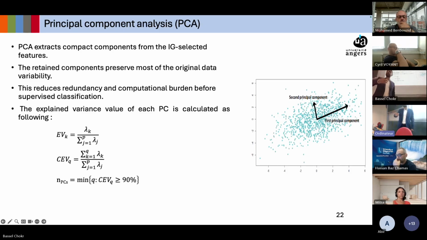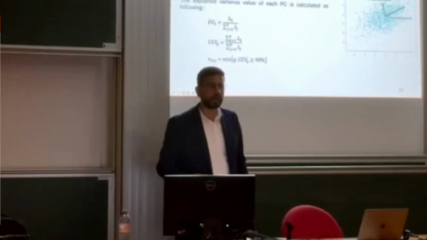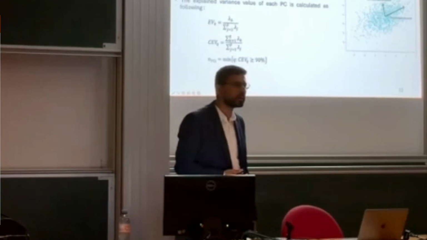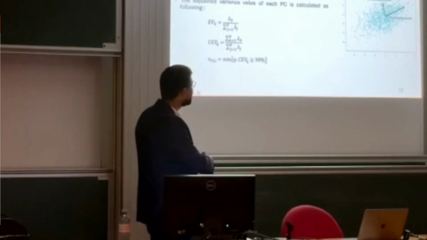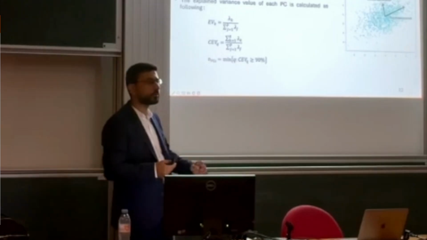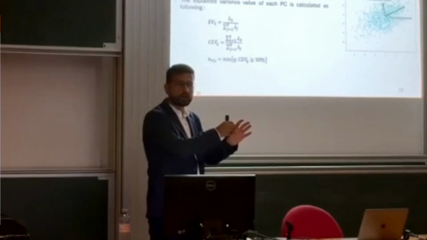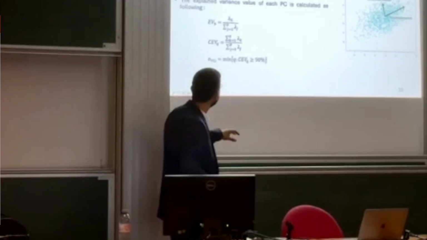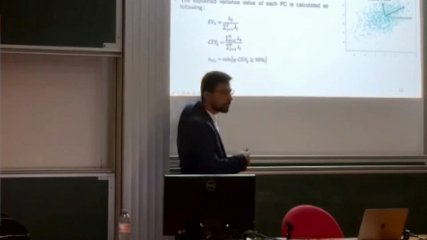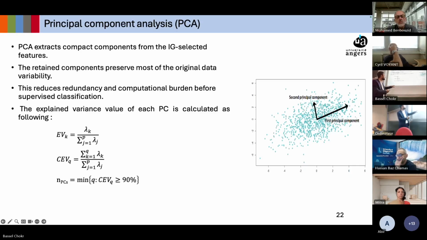From the original matrix, we get the eigenvectors. Based on the eigenvalues, we get how much information each new principal component has retained from the original data set, and then we select the number of principal components at a cumulative explained variance of 90%. And that's how we will be proceeding.